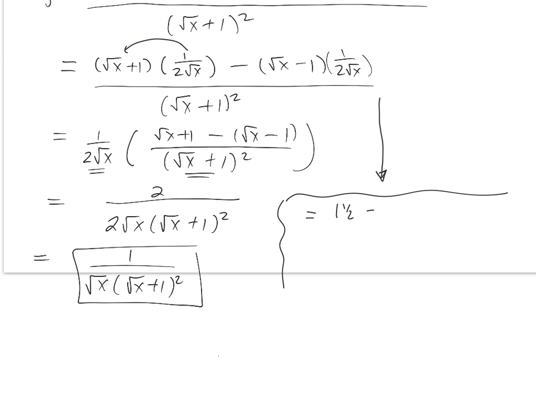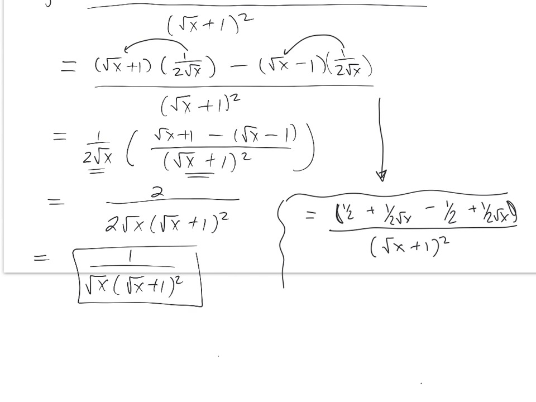Then you would have had plus 1 over 2 root x. And then this times this, also bringing the negative in, would have made negative a half. And then you would have had plus 1 over 2 root x, parenthesis, parenthesis, all over root x plus 1 squared. So far, you okay with what I did?